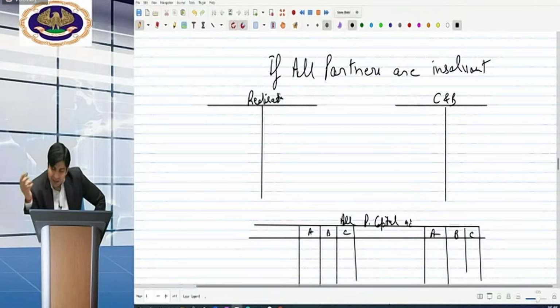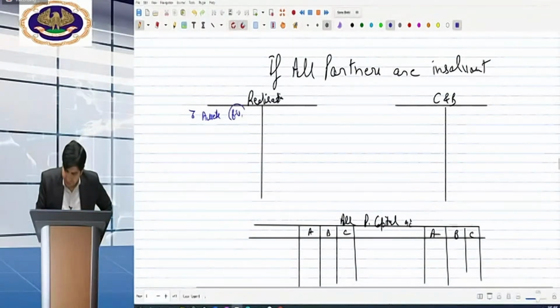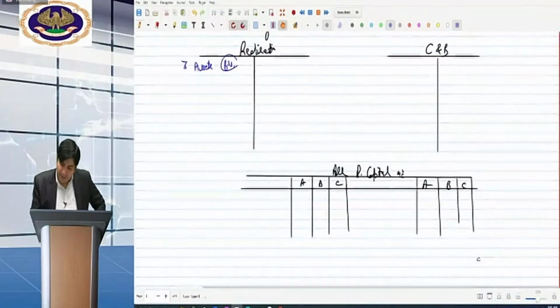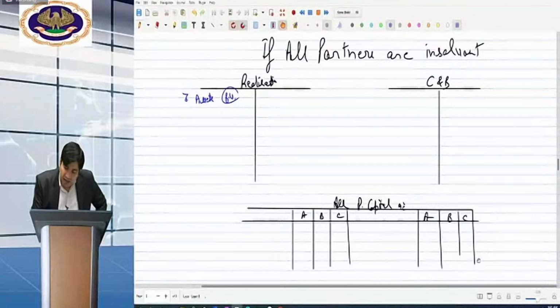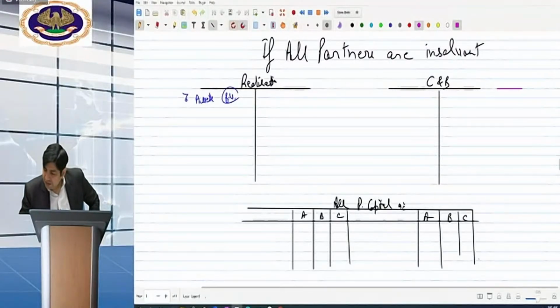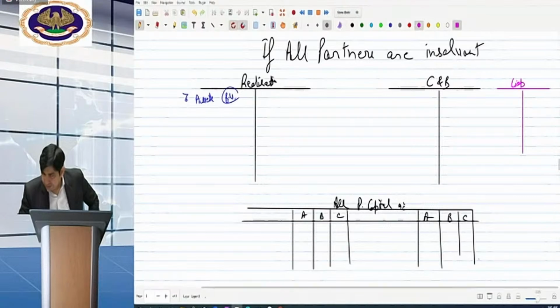Okay, beta. So what we are doing here is that only the assets' book values are being transferred, and liabilities are being kept separately along with cash and bank, and they are waiting. Please, cash and bank, transfer some payment. These are the liabilities.